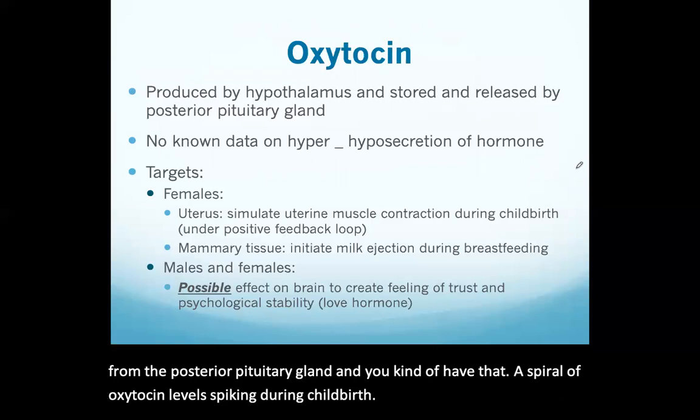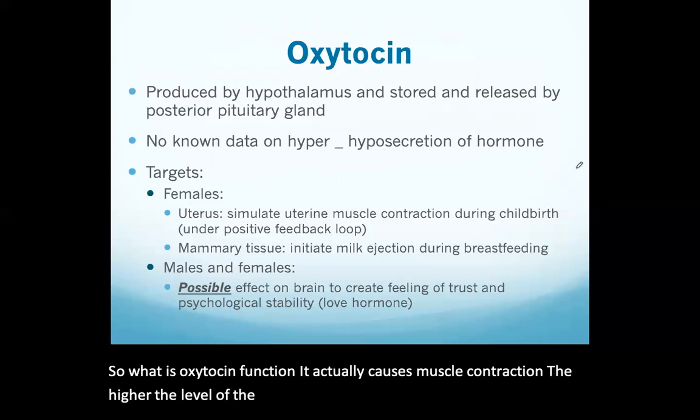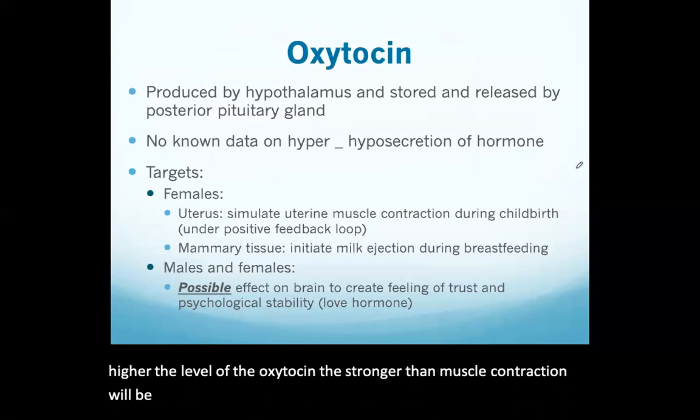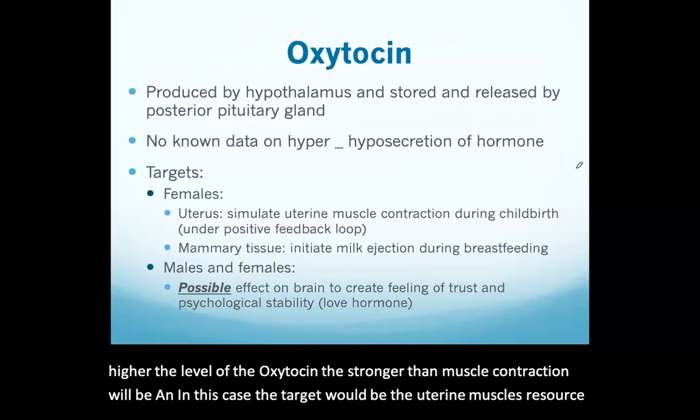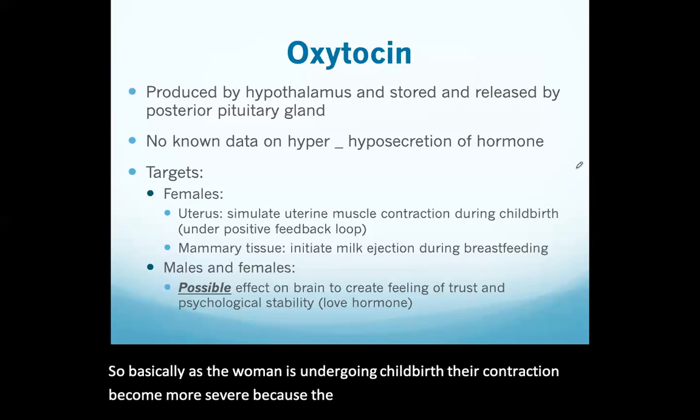So what is the oxytocin function? It actually causes muscle contraction. The higher the level of oxytocin, the stronger the muscle contraction will be. In this case, the target would be the uterine muscles. These are smooth muscles. So as the woman is undergoing childbirth, the contractions become more severe because the oxytocin level increases.